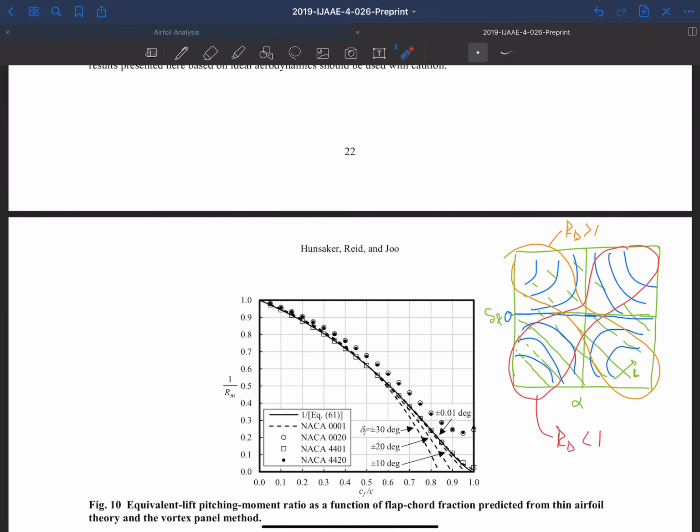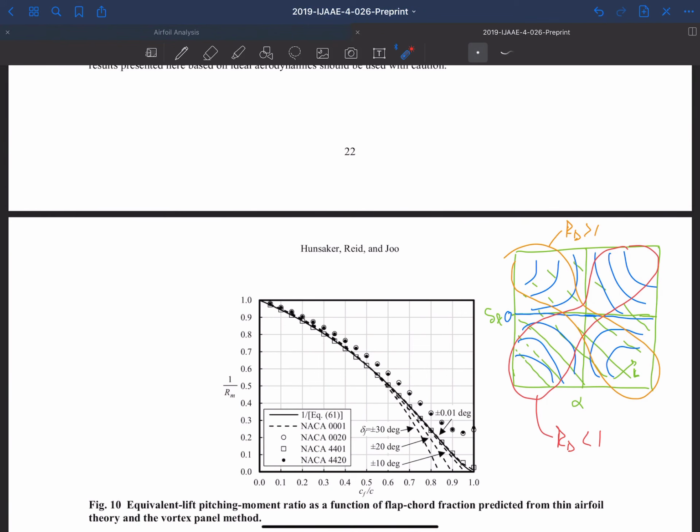So anyway, there is a drag benefit once you include the parasitic effects, but they're confined to this region here. And if you go into this somewhat abnormal region, then the drag on the parabolic flap is actually worse than the traditional flap.